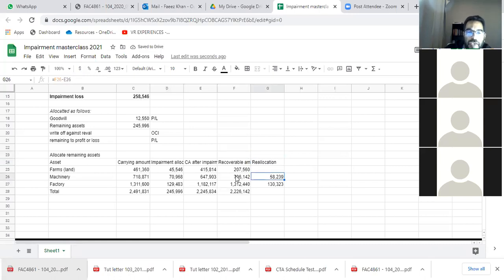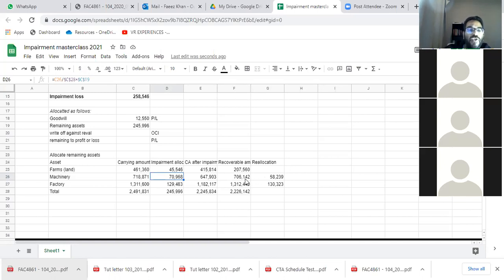Based on comparing recoverable amount to carrying amount after impairment, the reallocation comes to 58,000. Before you accept that 58,000, compare it against the initial impairment. If it is less than or equal to the initial impairment, then you can accept. As you can see, the 58 is less than the 70, so that reallocation can be accepted.